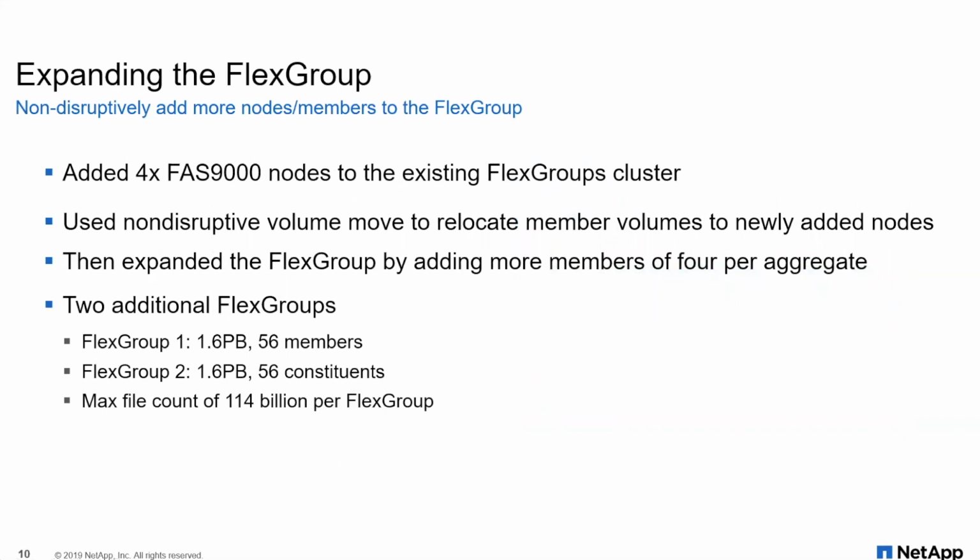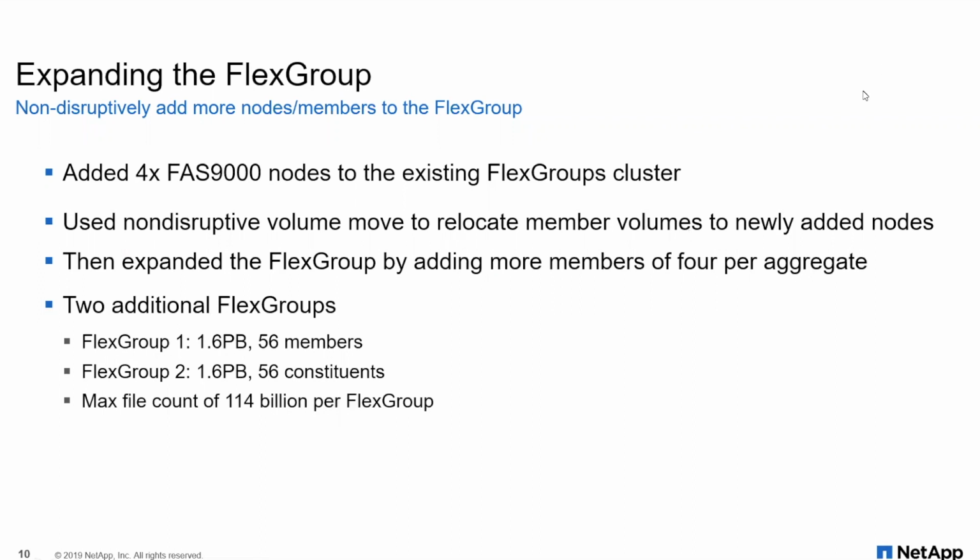Okay. On this slide, I want to talk about how we can expand the FlexGroup. When we moved over from FlexVols to FlexGroups, with FlexVols we had to rotate volumes every 3 weeks, and with FlexGroups we do it about once a year. We did recently have to do that.